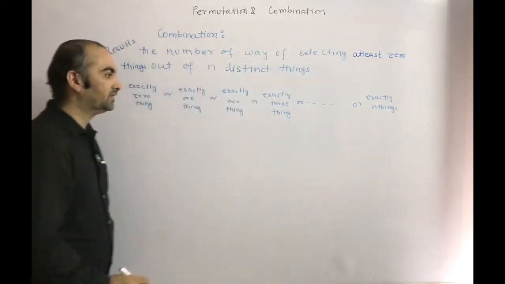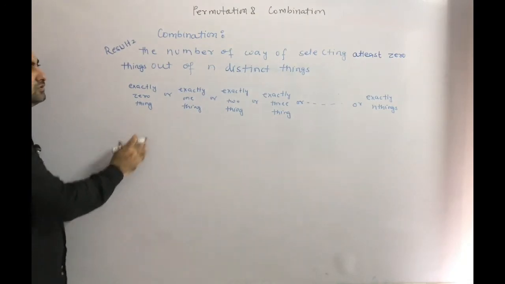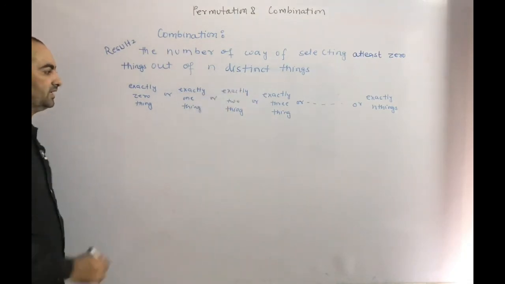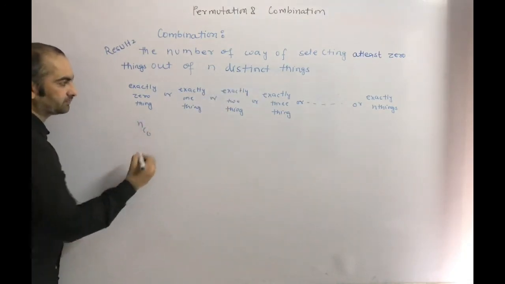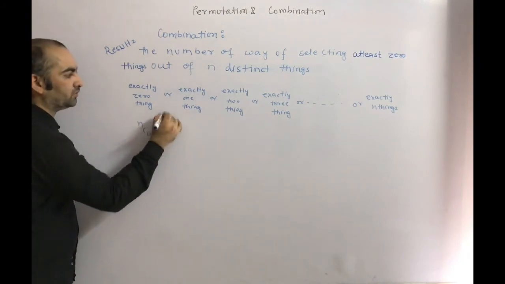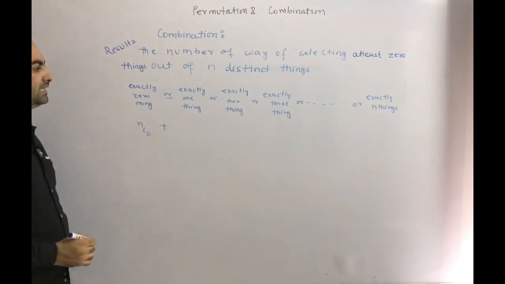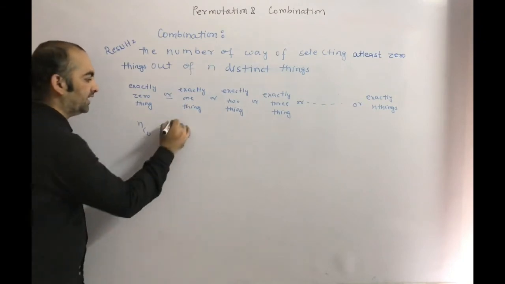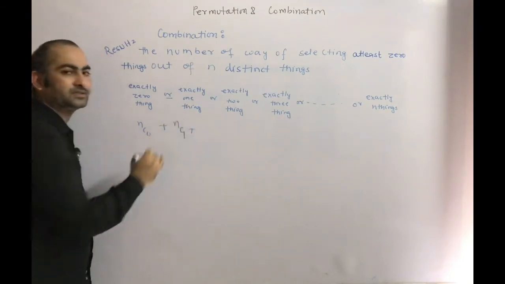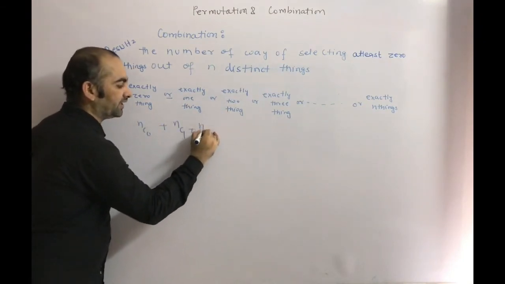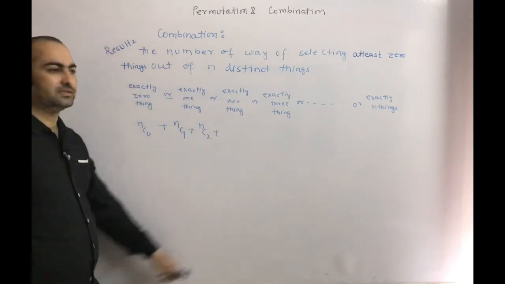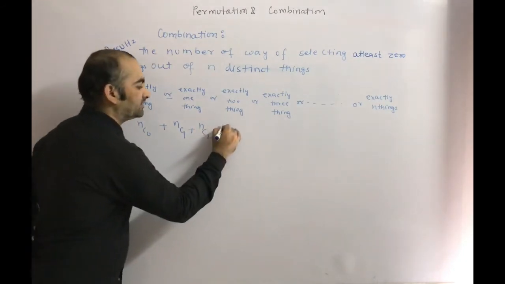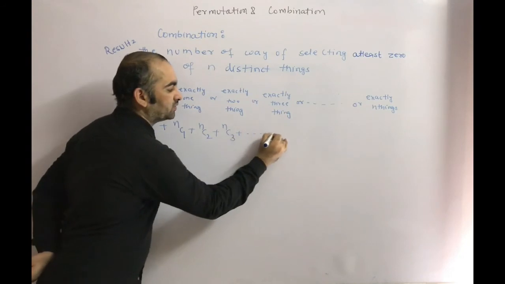Then selection of exactly 0 things out of n distinct things is nC0, plus, because we are using OR, selecting 1 thing is nC1, plus selecting 2 things is nC2, plus selecting 3 things is nC3, plus and so on.